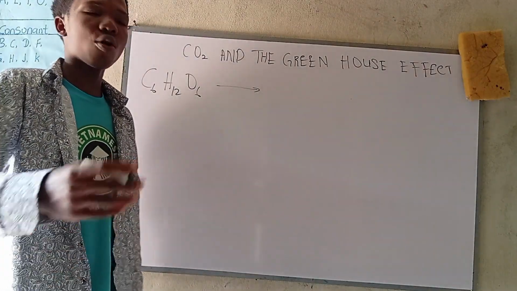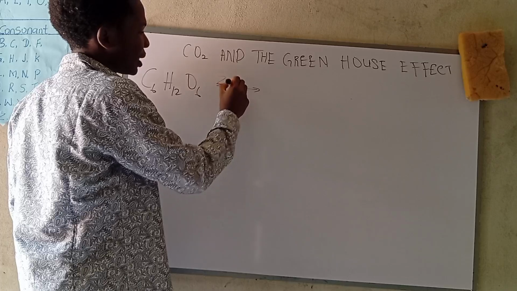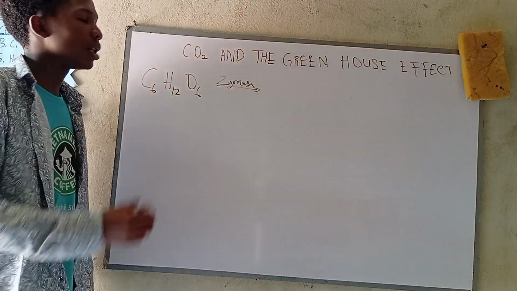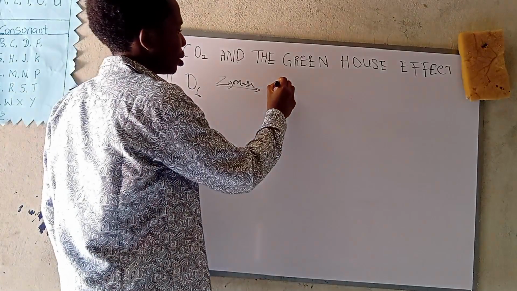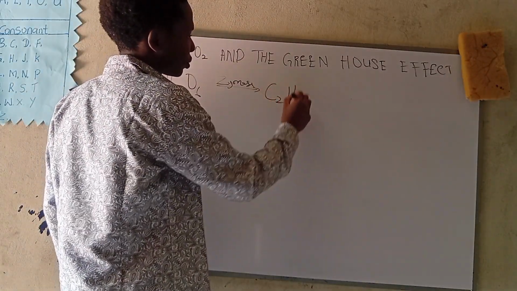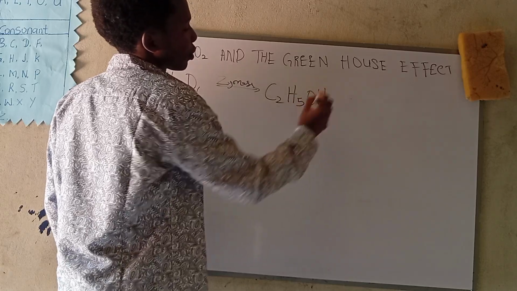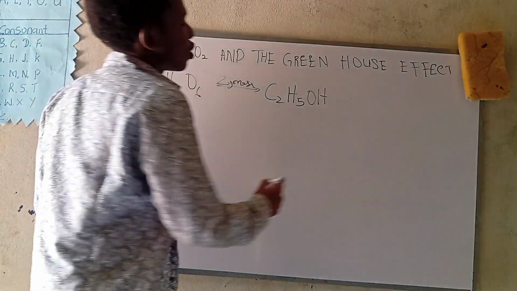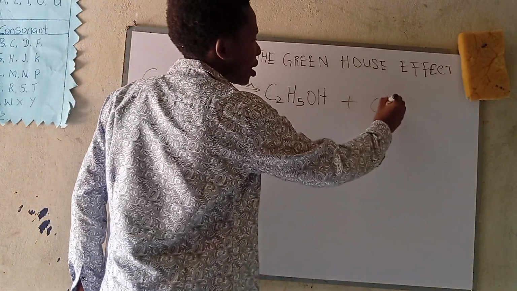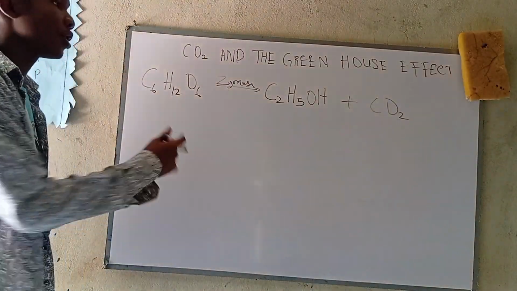It will form alcohol. It is fermented by an enzyme, zymase, to give us our alcohol. And we have our CO2.